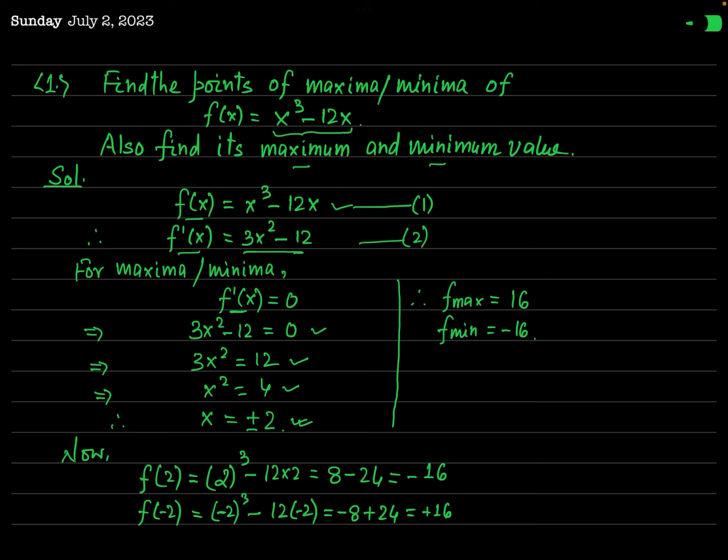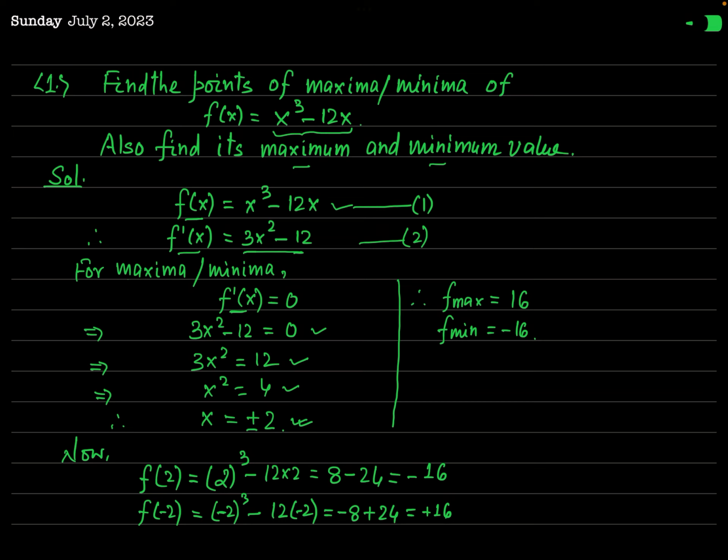But here I am not going to check it, because our problem says that we now have to find its maximum value and its minimum value. So let us find the value of this function f(x) at these 2 points, that is at x = +2 and x = -2. For this, what will you do?